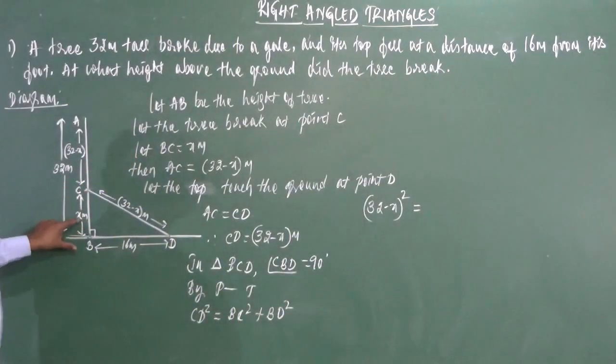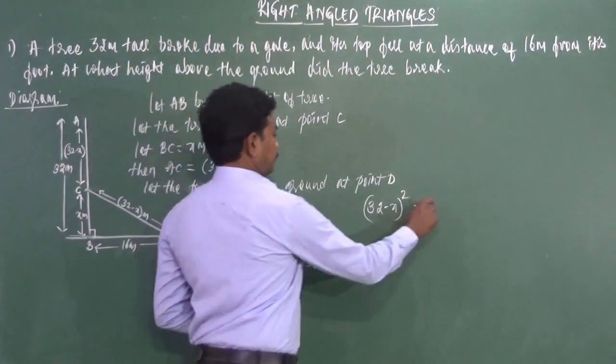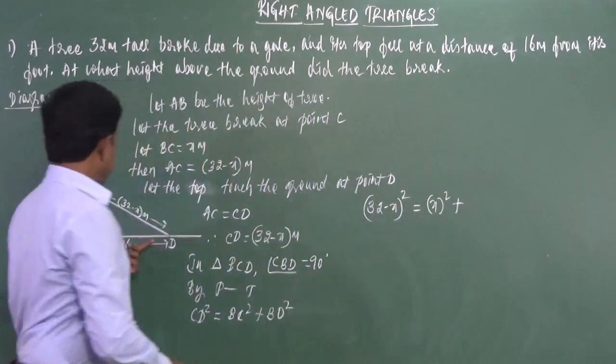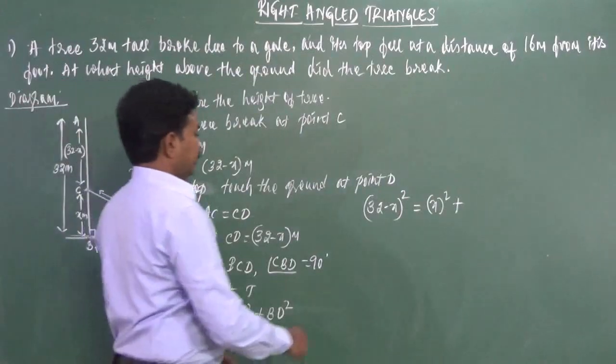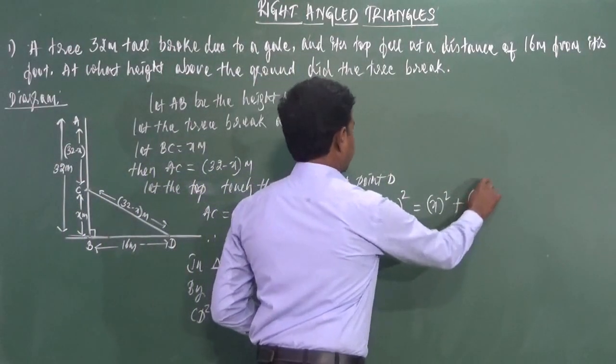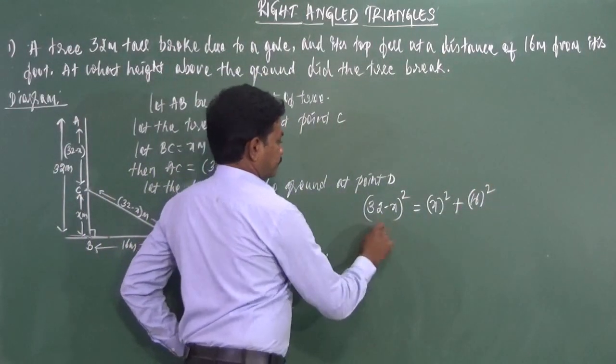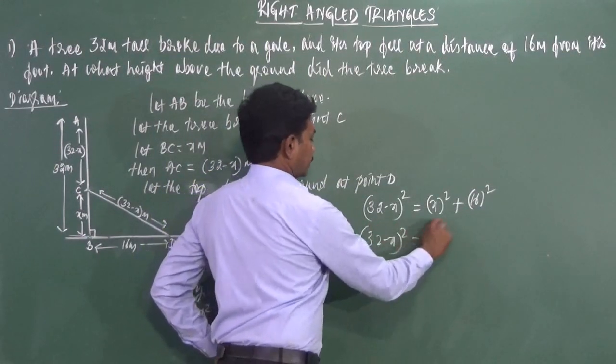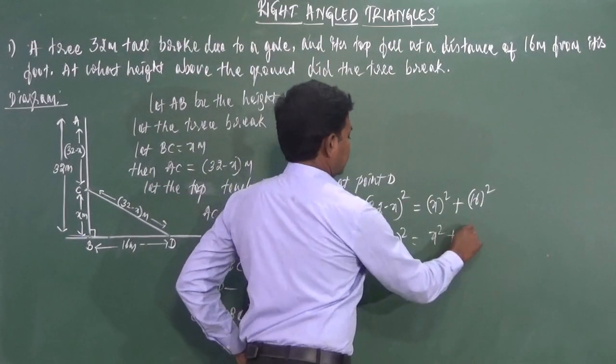BC square is X meters, that is X whole square, plus BD square. BD square is 16 meters, that becomes 16 whole square. So here 32 minus X whole square is equal to X square plus 16 square.